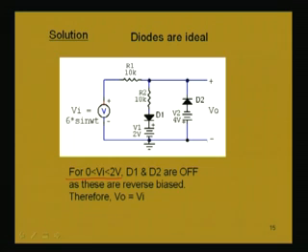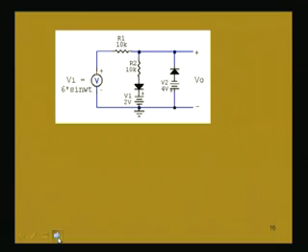What will be the output voltage? Output voltage is exactly equal to the input voltage, since these are ideal diodes. There is no voltage drop in the diode as well as no resistance. So, output voltage will be equal to input voltage for the portion when input voltage is less than 2 volt. That means, if we consider the input voltage waveform Vi, sinusoidal, this is 6 volt.